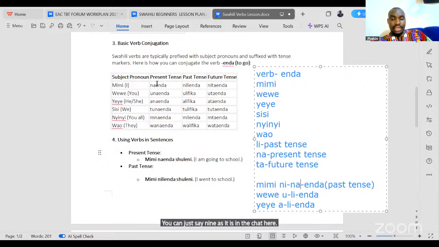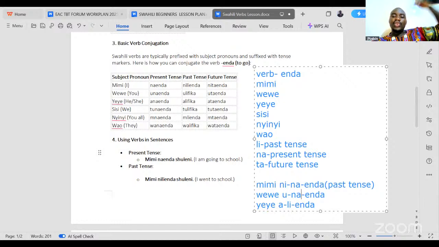That's correct. In ulienda for wewe, we'll replace li with na, which is the present tense. So you say wewe unaenda, or you can just say unaenda. It means you are going. Naenda or ninaenda means I am going. Unaenda means you are going.